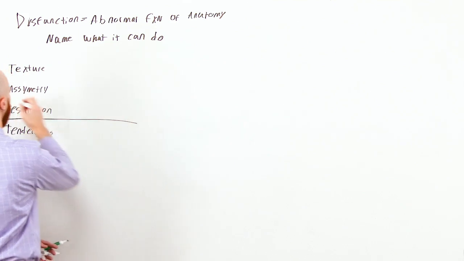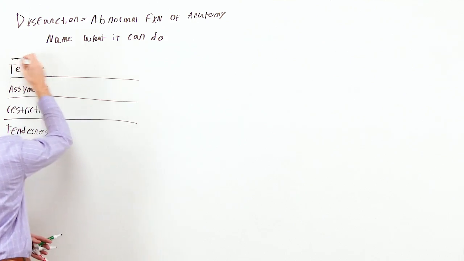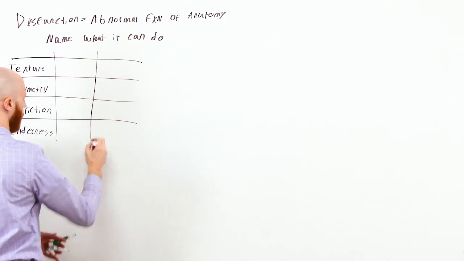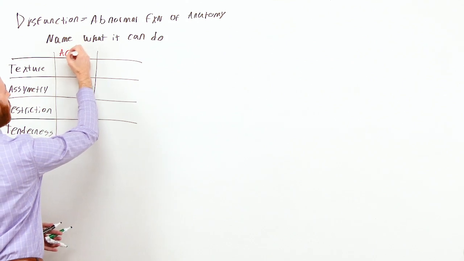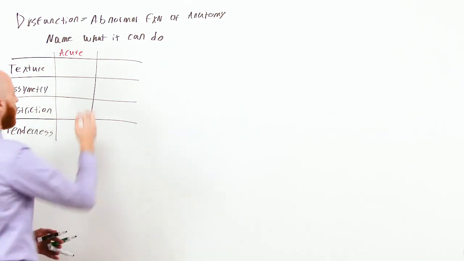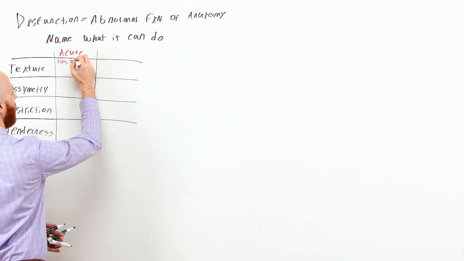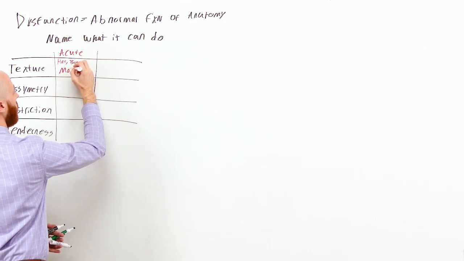And depending on if the dysfunction is acute or chronic, you're going to have different findings for each section. If you have an acute dysfunction and you're palpating the tissues, you're going to feel hot tissues, or boggy, or even moist.